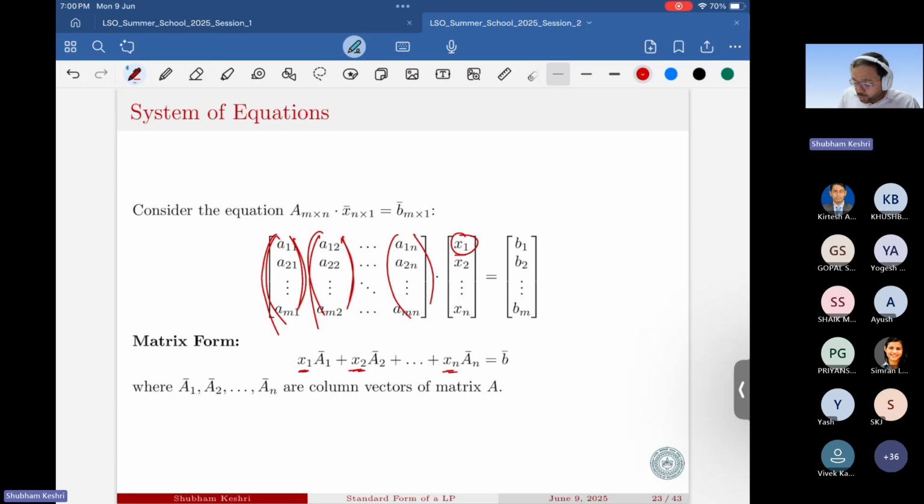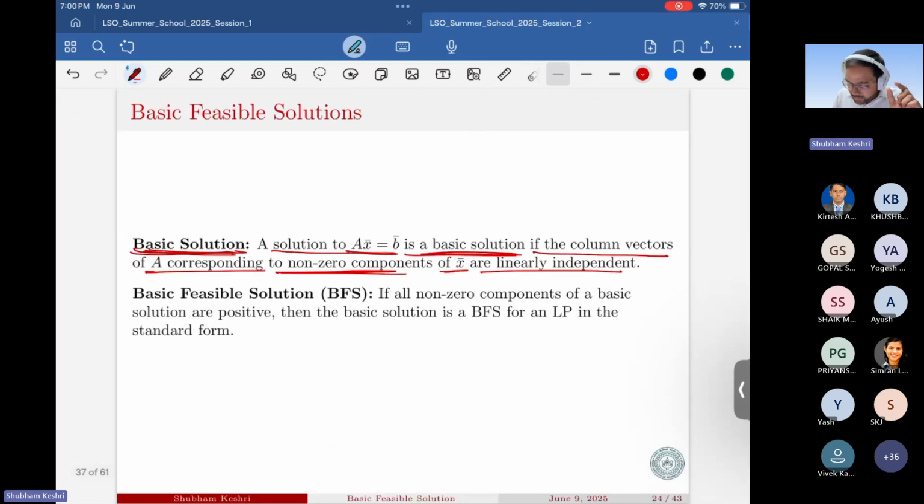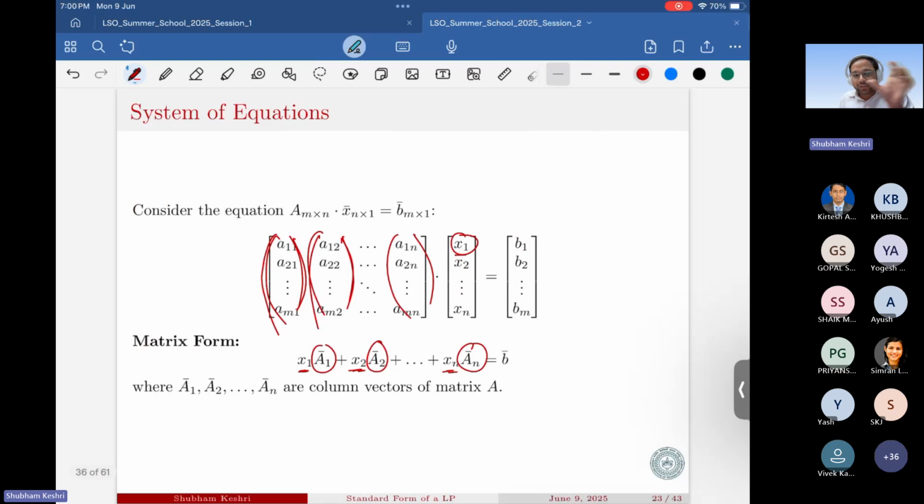You take those column vectors which have a non-zero component, that is either positive or negative. So x1 can take any value. It can be positive, it can be negative. We are talking about system of linear equations, we are not talking about LPs. So x1 can take negative values, it can take 0, it can take positive values.